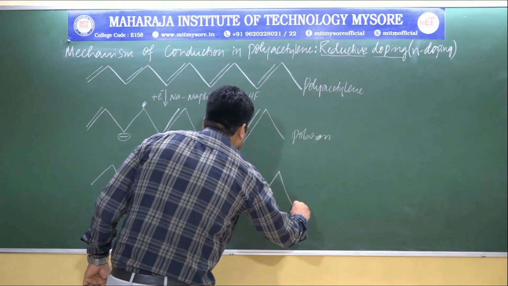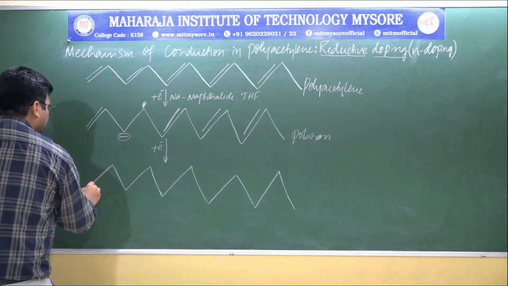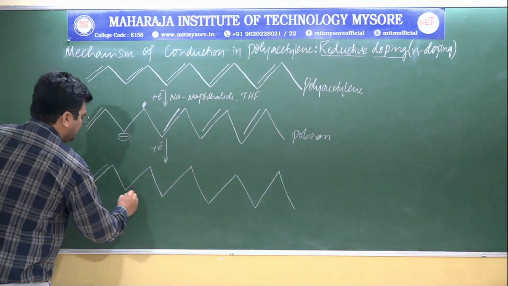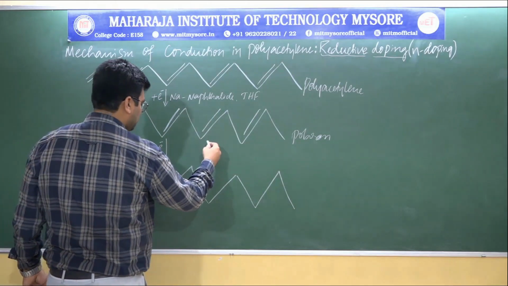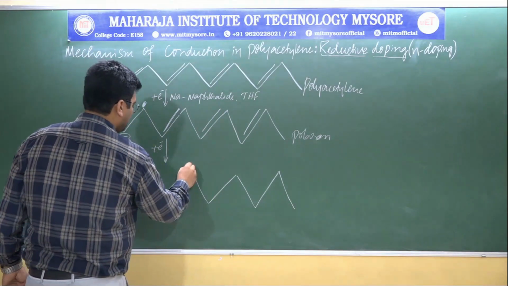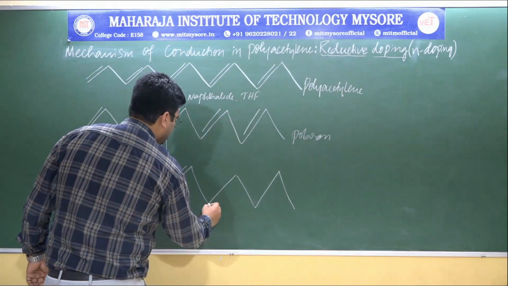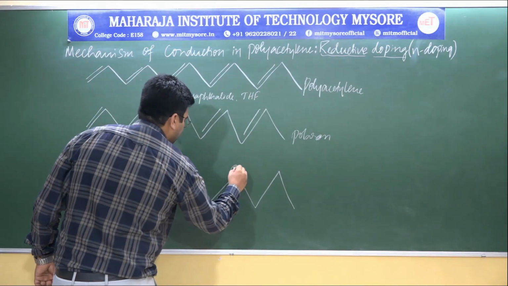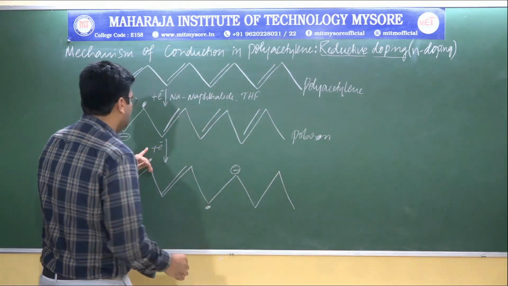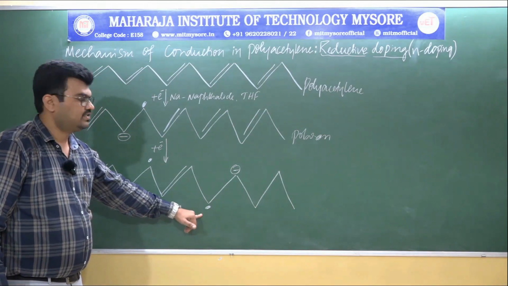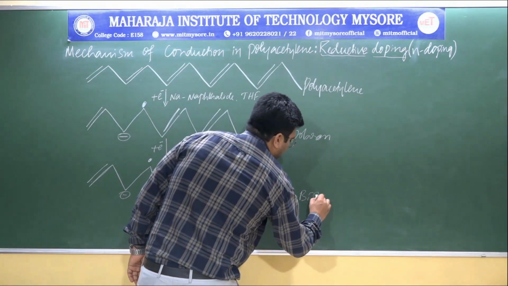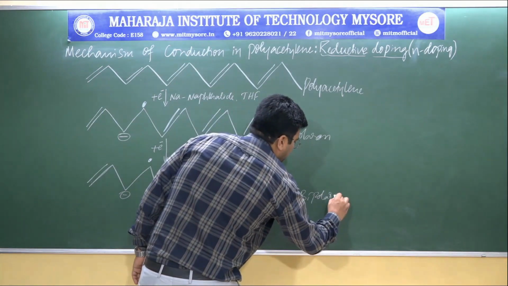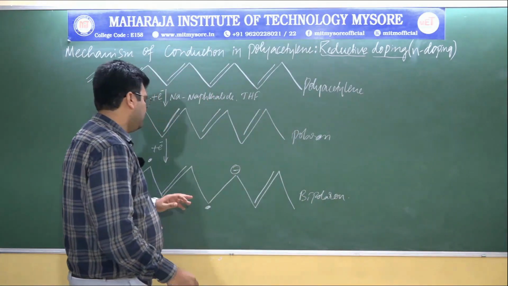So this will remain as it is, and these electrons will be shifted here, and it is going to form a negative charge, and one more electron will be coming over this side, and this is called a bipolaron, right? So a bipolaron will be formed.